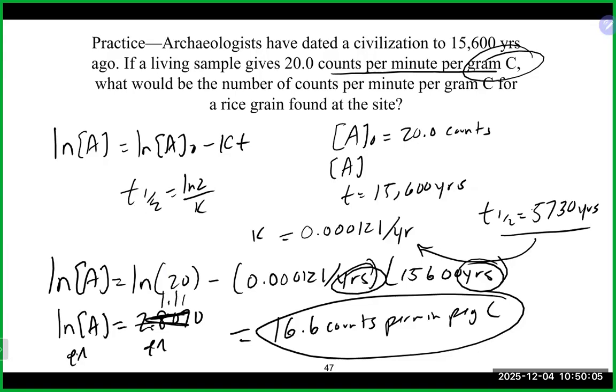There we go. So 3.03, which is nowhere near what I got there originally, per minute per gram of carbon. That looks better, maybe.